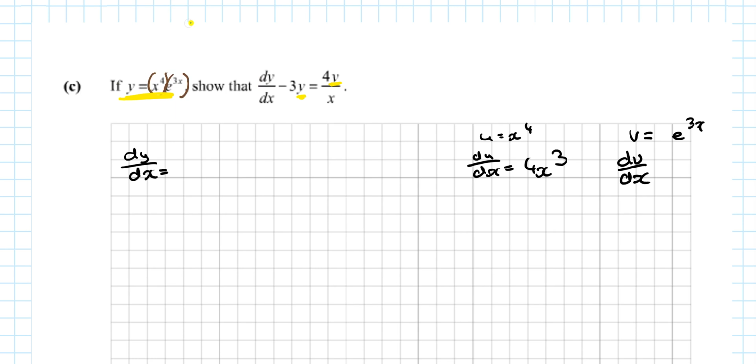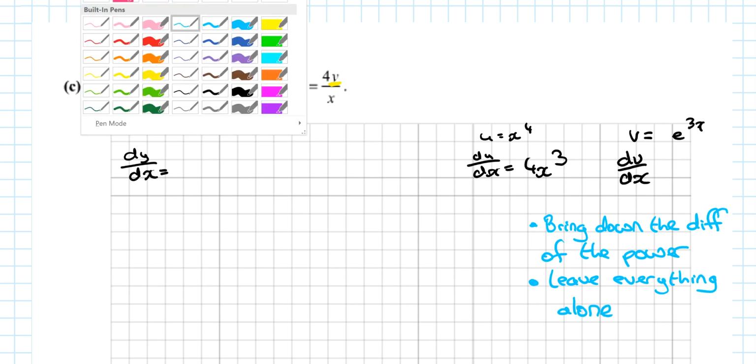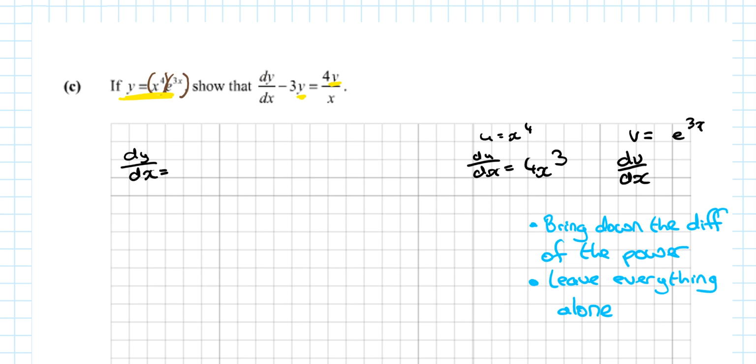How to differentiate these, I would say, is bring down the differentiation of the power and then leave everything alone. And what I mean by leave everything alone, as you might have noticed in the first question, part A of this question, is to just write it all out again.